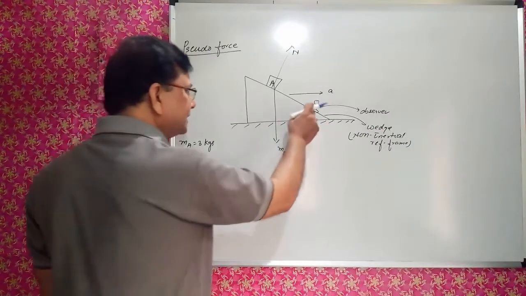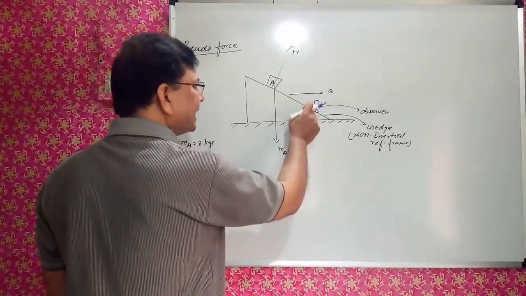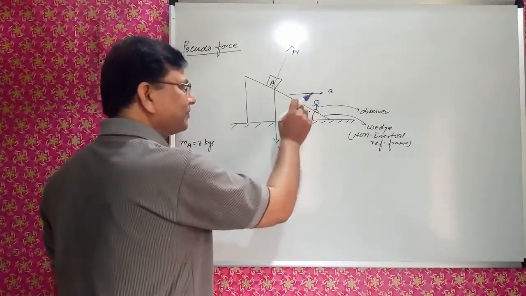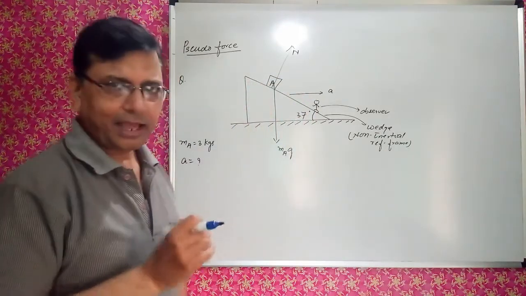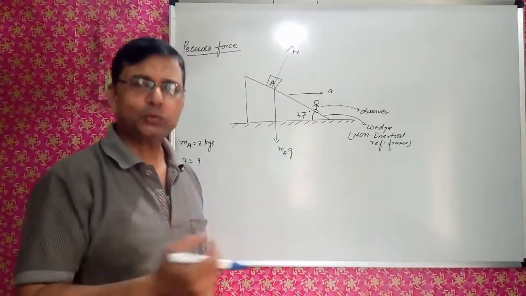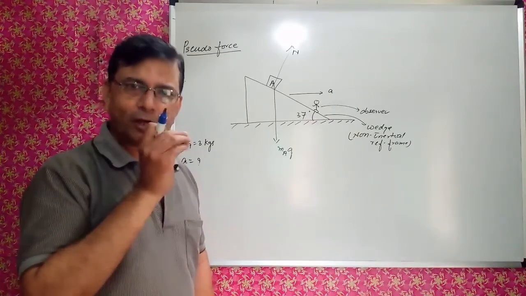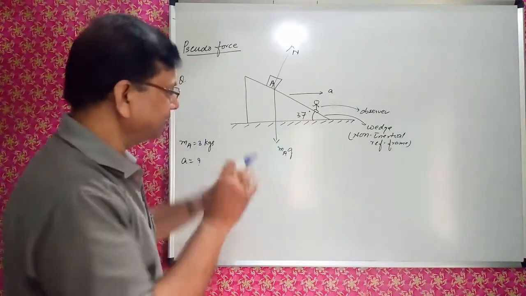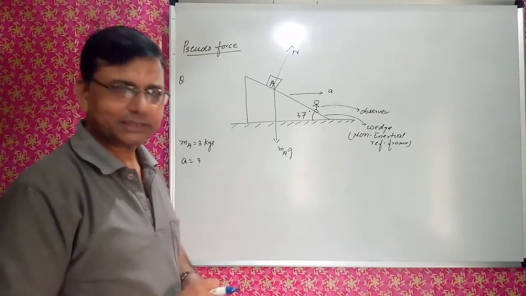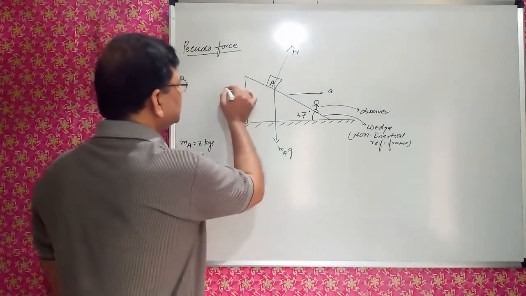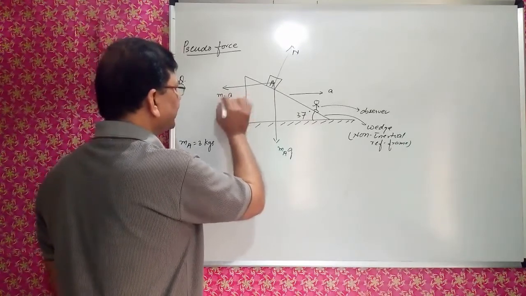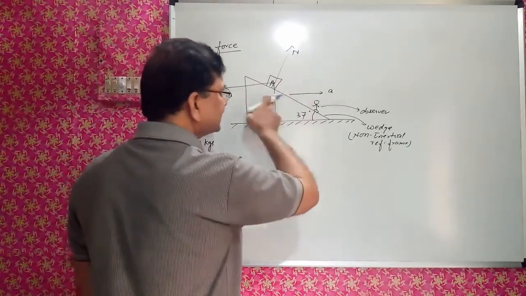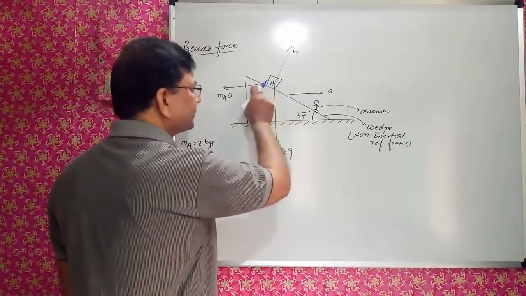And since the observer is in a non-inertial reference frame and he is observing the object, naturally I will have to apply a pseudo force on the object, then only the result will be as per Newton's second law. So a pseudo force will act in this direction, that will be ma in the opposite direction. This direction is the acceleration of the mass.